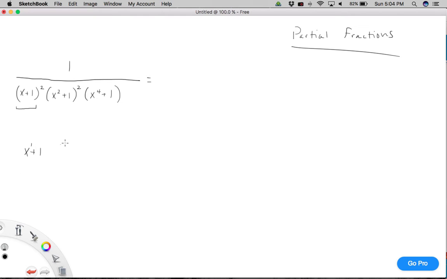So that's considered a linear factor. This x squared plus 1, that's considered a quadratic factor. And this x to the fourth plus 1, this is a fourth degree factor, or a fourth degree polynomial.